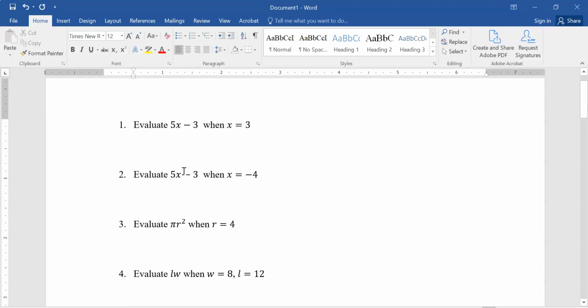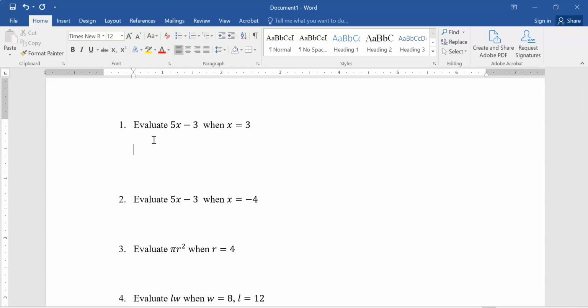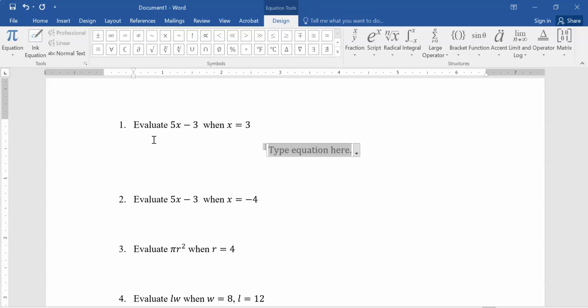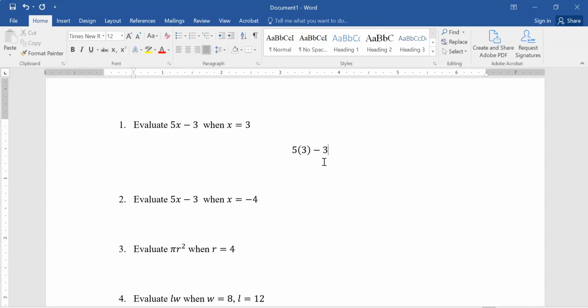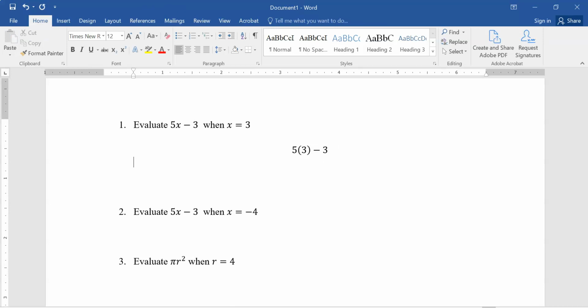This is just a Word document so that I can type things in. So question number 1 says evaluate 5x minus 3 when x is 3. So what I'm going to do is go 5, and then in parentheses, I'm going to replace this variable x with the number 3, minus 3. Now, if we wanted to do this order of operations style, I'd take 5 times 3 first, get a 15, and subtract 3 and get a 12.